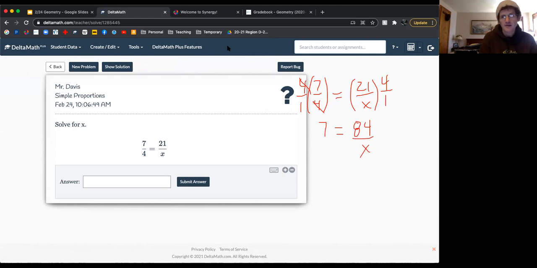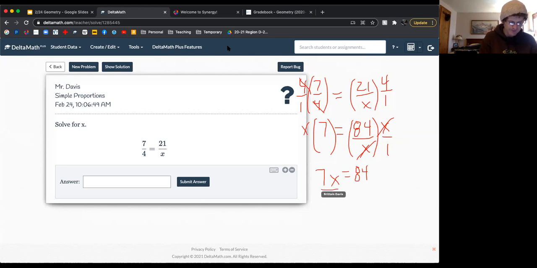Okay. Now I still don't want to have that x on the bottom. So what I'm going to do is multiply by x on both sides. So this is technically over 1, but we don't have to show the over 1 on the left side. So at this point, these x's cancel out, and x times 7, so I have 7x equals 84.